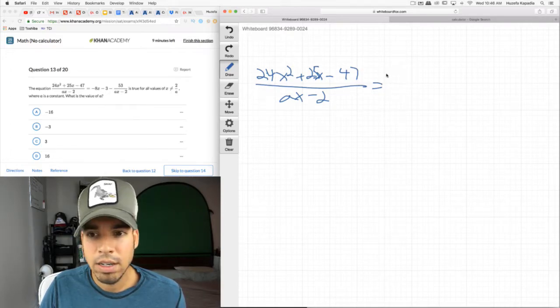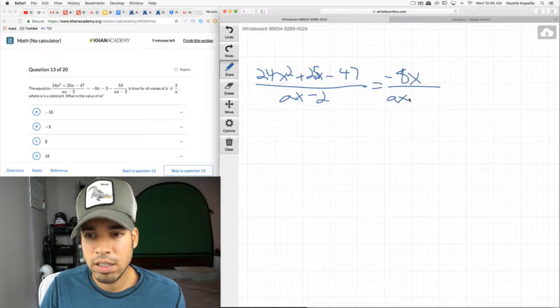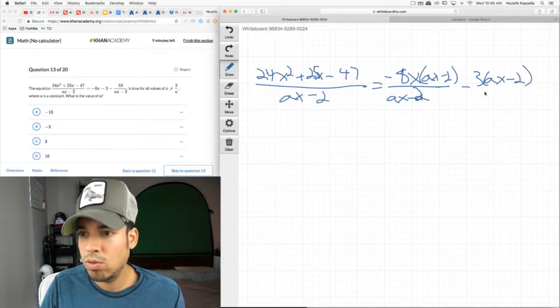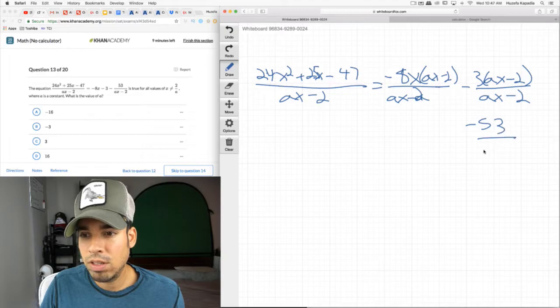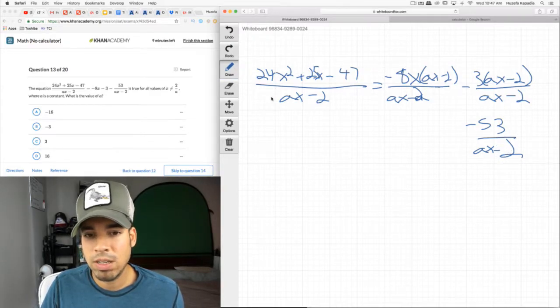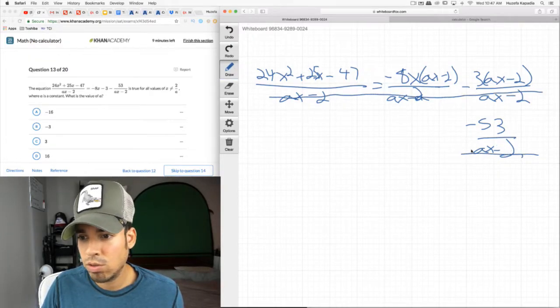So I'm going to say negative 8x over ax minus 2, times ax minus 2, minus 3 times ax minus 2, over ax minus 2, minus 53 over ax minus 2, which is already over that. So now, once everything is over the same denominator, all of this goes away, which is really nice.